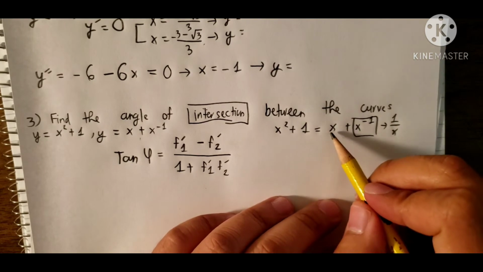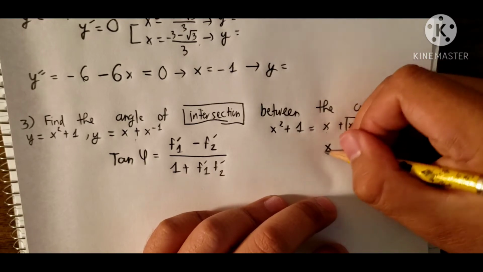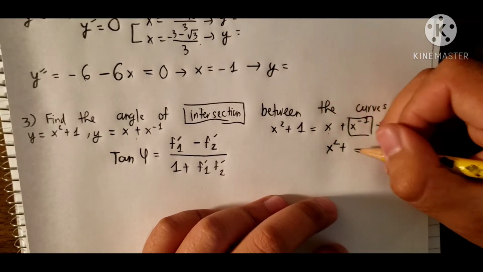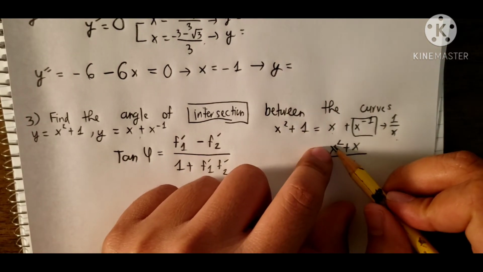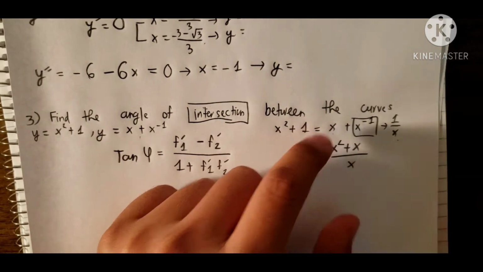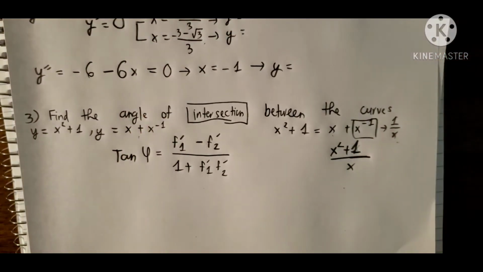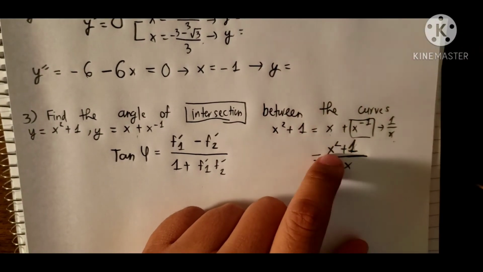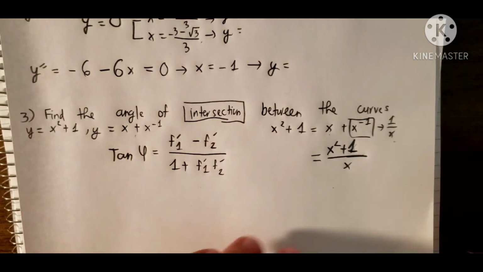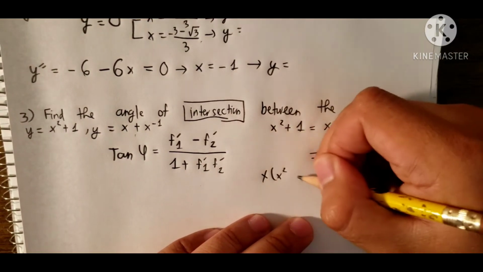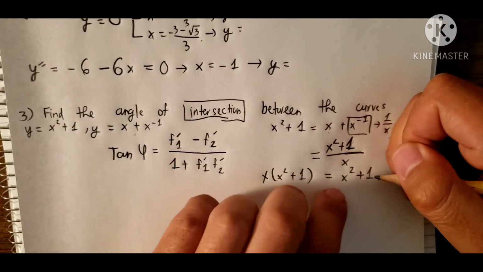So now we have x and 1 over x. We multiply with the x. Why we need to multiply with the x? Because x power 2 divided by x, you get x. And this one is 1, sorry about that. So after you get x power 2 plus 1 divided by x, you move the x on the left, you get x power 2 plus 1.